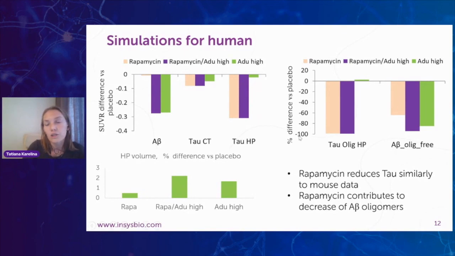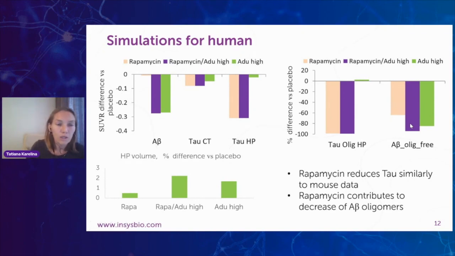Regarding other potentially toxic species such as tau oligomers in hippocampus or free A-beta-42 oligomers, again, efficacy is much higher for rapamycin than for aducanumab alone, and moreover, rapamycin may contribute to the reduction of free A-beta-42 oligomers, although aducanumab is quite effective in reducing them.